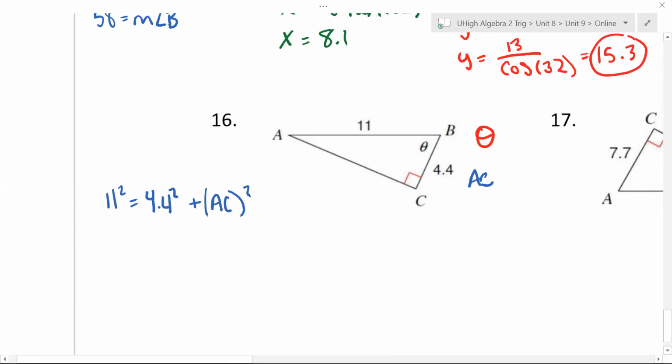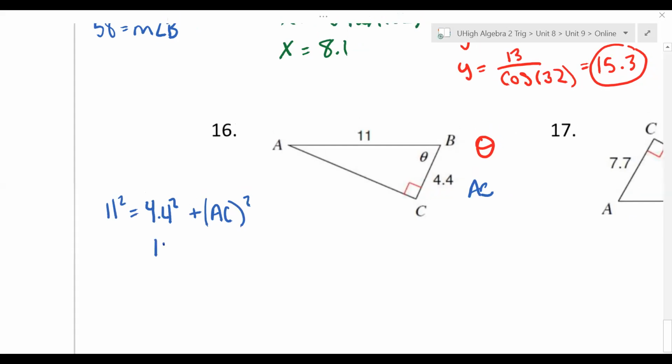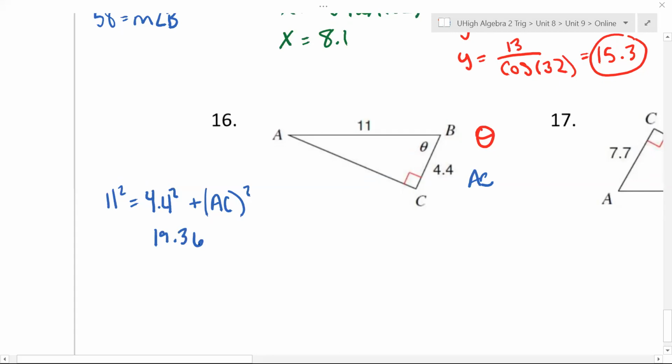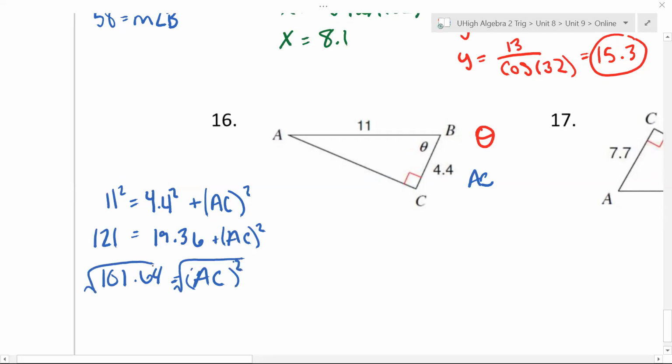So let's take a look. 4.4 squared is 19.36, plus AC squared equals 121. Subtract 19.36 from 121 and you get 101.64 equals AC squared. I can take the square root of both sides.